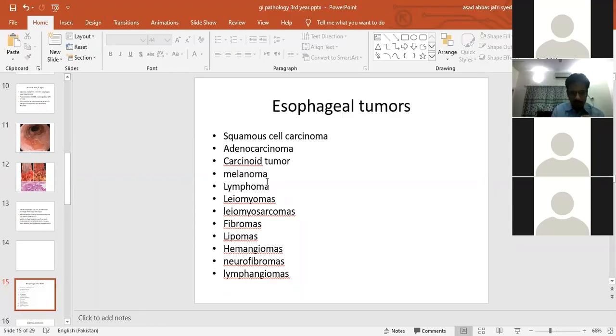Elsewhere in the gastrointestinal tract, whenever you see a mesenchymal tumor, the common tumor is gastrointestinal stromal tumor. In the esophagus, the more common smooth soft tissue tumors are leiomyomas.